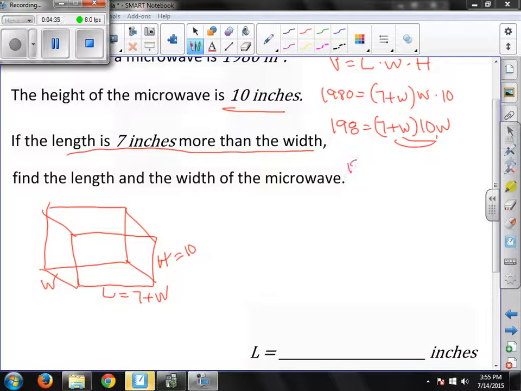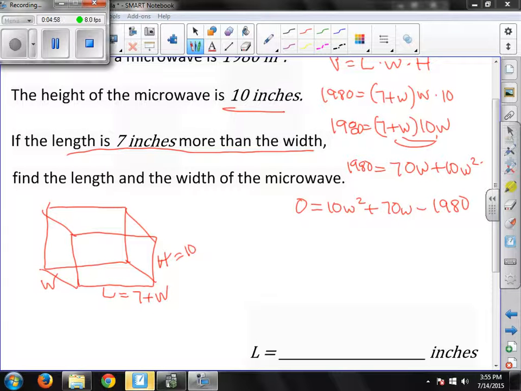So I have 1980 equals 70W plus 10W squared. It's not in standard form, so I'm going to rewrite it. 0 equals 10W squared plus 70W minus 1980.